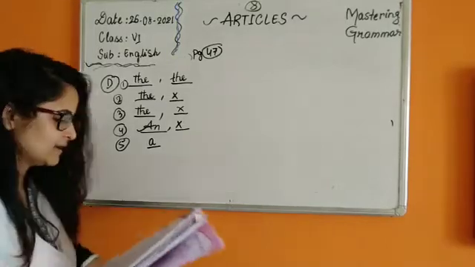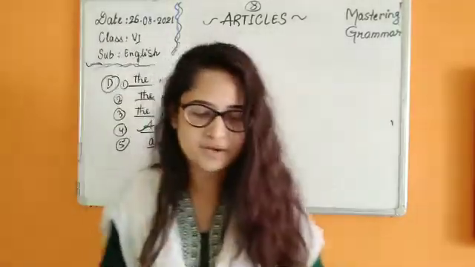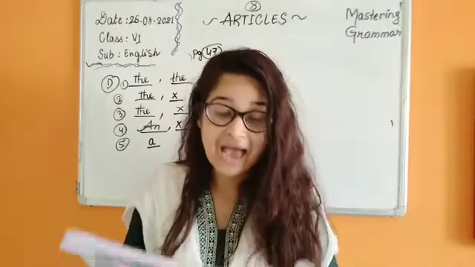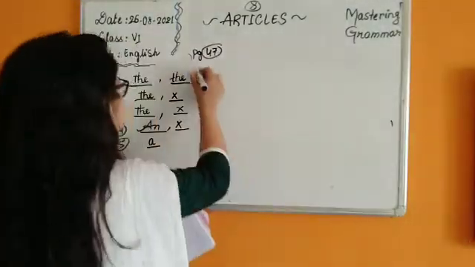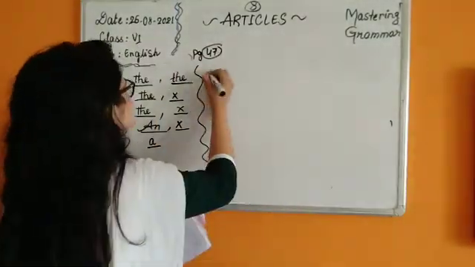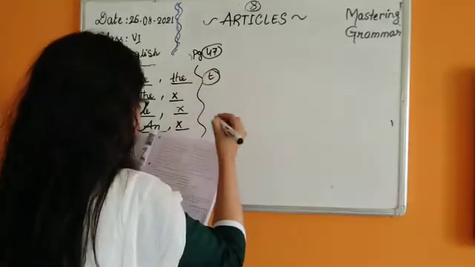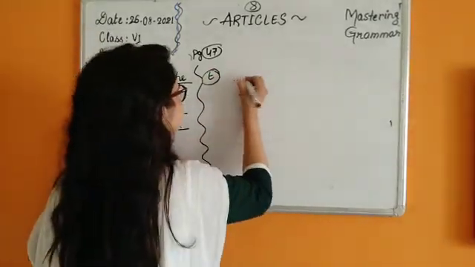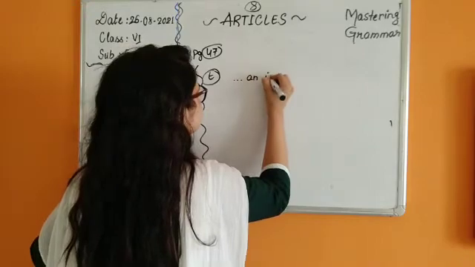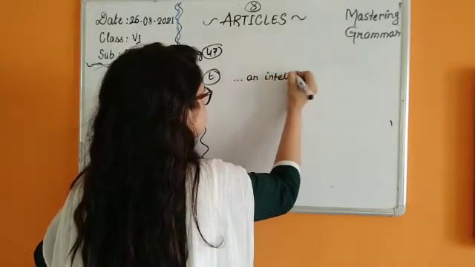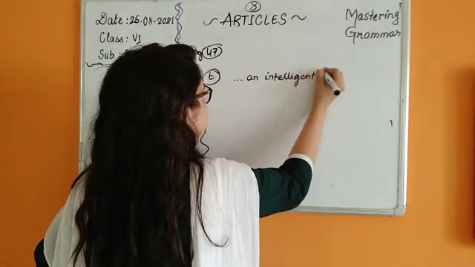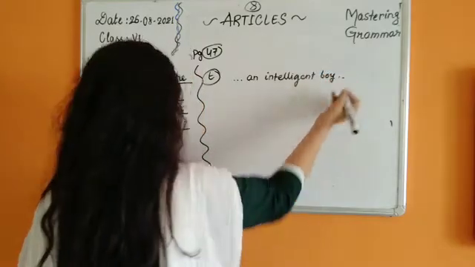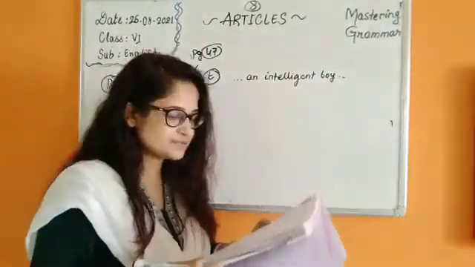Now add a, an or the wherever required. Salesh is an intelligent boy. So I am not going to rub this. So Salesh is an intelligent boy who loves to play cricket.